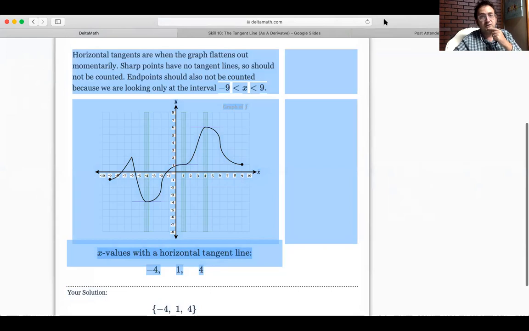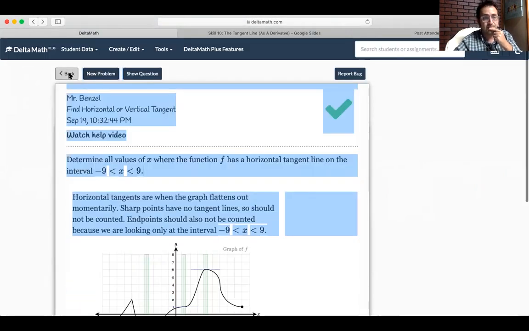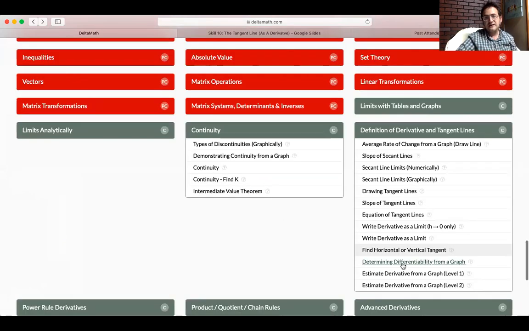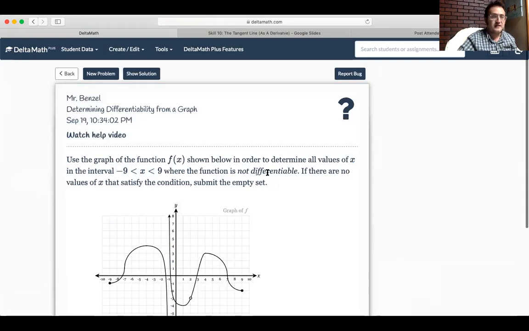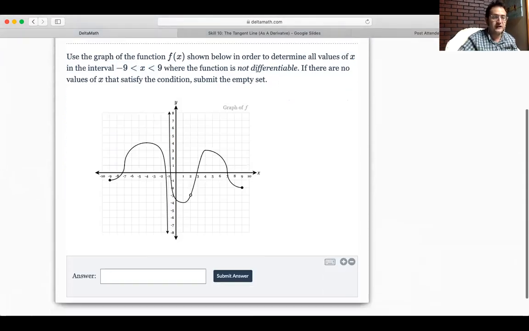We also are going to be looking in some exercises where you're going to determine differentiability from a graph, so thinking about places where the graph is not differentiable. Notice that -9 and 9 themselves are not included in the interval that they want you to look at, so we're not going to look at the endpoints.